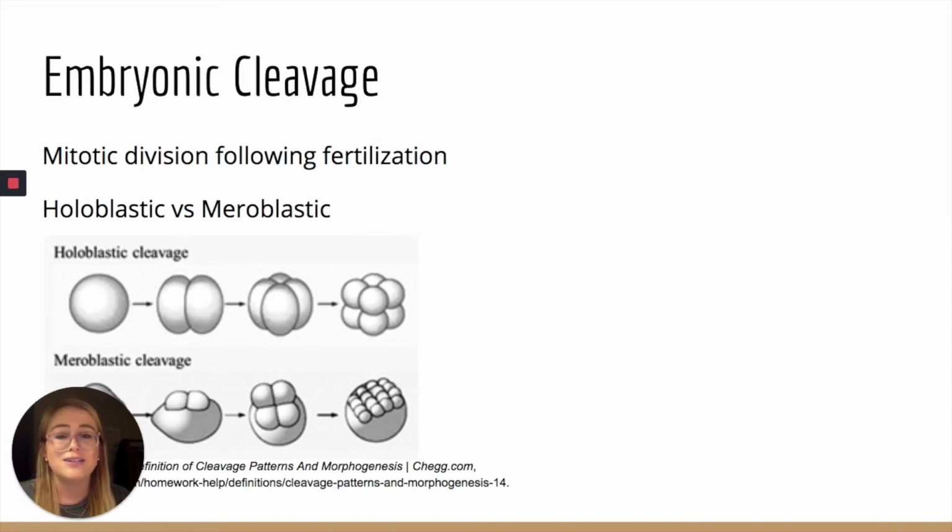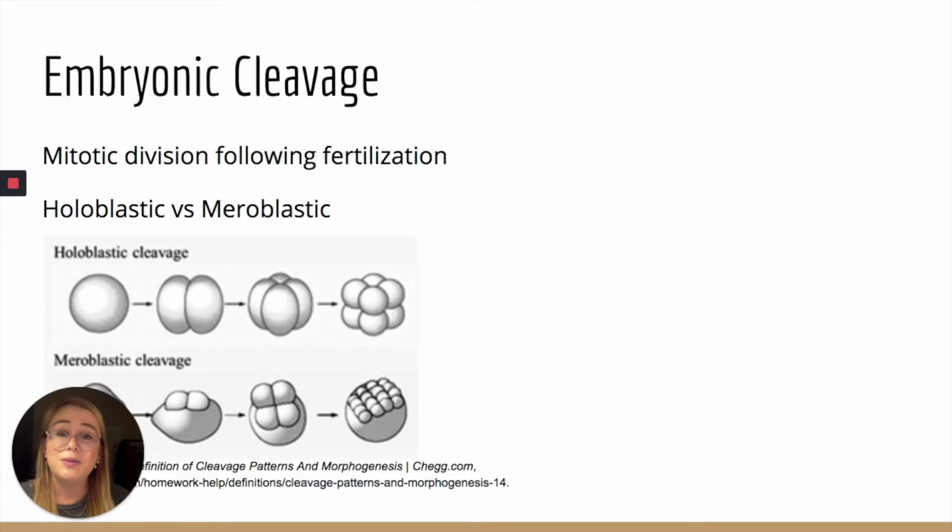On the other hand, with organisms that have a lot of yolk, it's more common for meriblastic cleavage to happen. This is because when a cell is trying to divide, the yolk blocks that process. So it ends up being uneven, as you can see here, and a lot of the cells are going to look a little bit different.